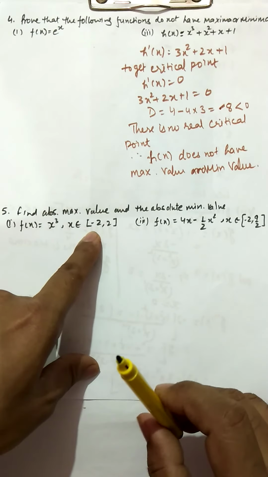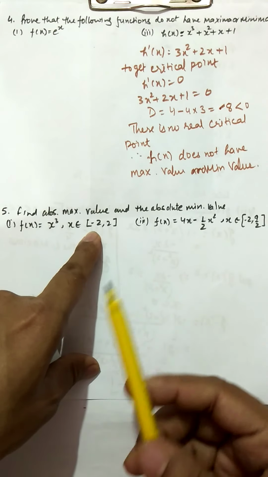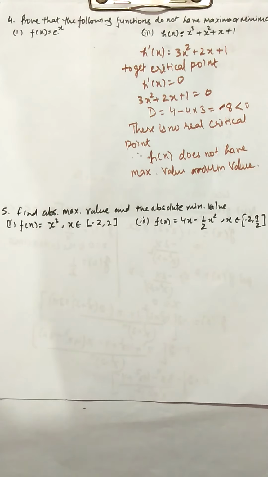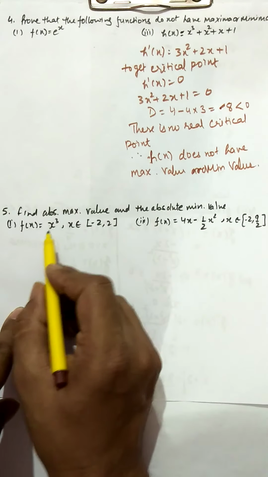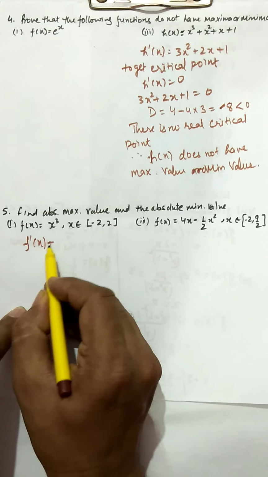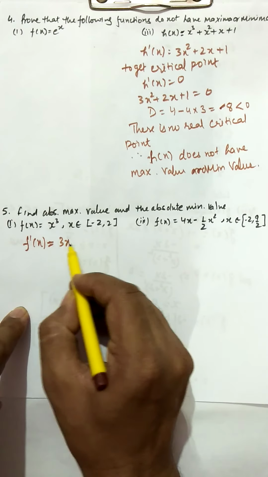And we discussed when we started this maxima minima topic, if the function is continuous and defined in the closed interval, then it will have the maximum as well as the minimum value. This is for sure. Now we have to find it. First we find the derivative, f dash x is going to be 3x square.